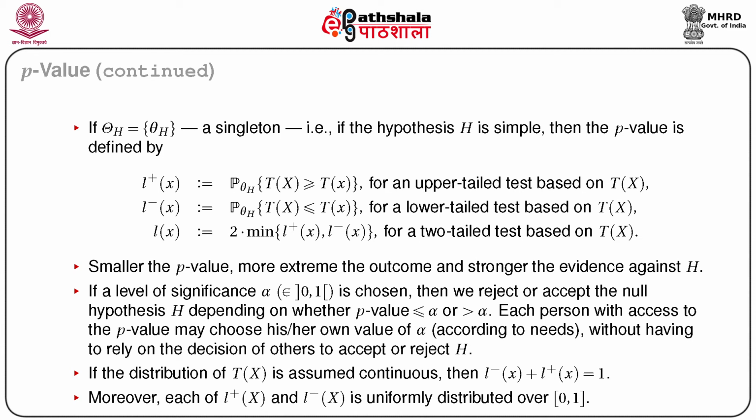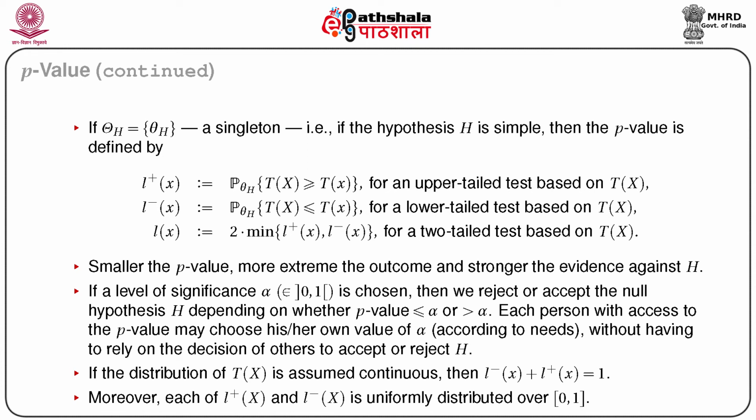The smaller the value of L plus or L minus, the stronger the evidence for rejection of H, or against H, and we reject H if the p-value is less than alpha, otherwise we accept it.